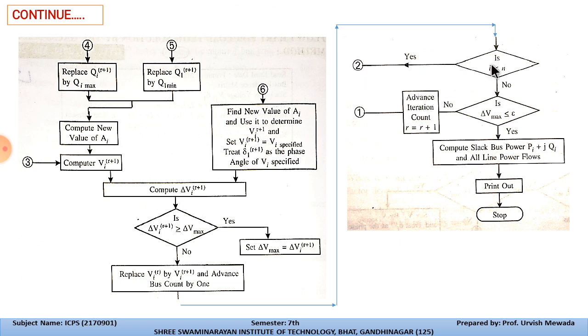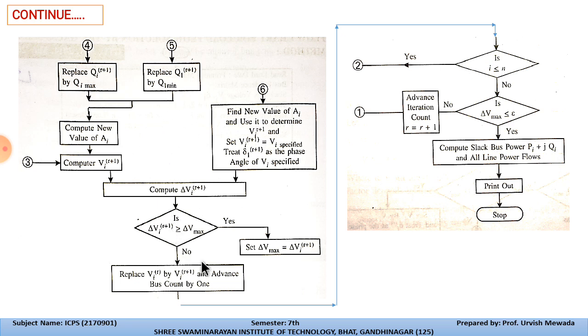And if it is no, then check whether delta V max is less than or equal to epsilon. If it is no, advance the iteration count r to r plus 1, and it will move towards number 1. If it is yes, then compute the slack bus power Pi, jQi.